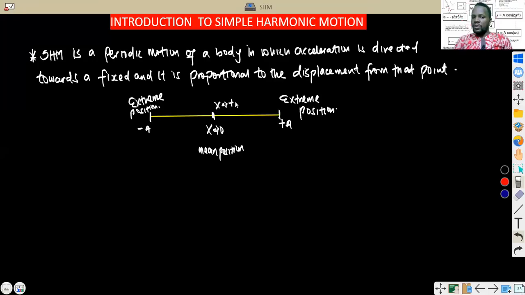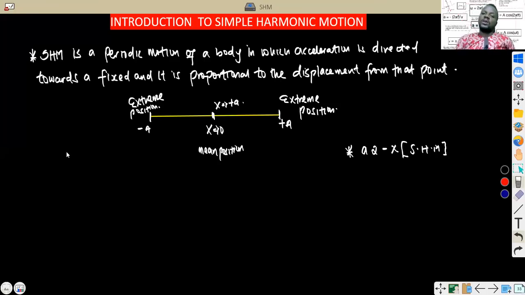What we call simple harmonic motion is when the acceleration a is proportional to the displacement. Displacement can be negative or positive, because if it is moving towards this side, it is positive, and if it is moving towards this side, it is negative. So if the acceleration of that body is proportional to the displacement, I will write as negative x for now, in such a condition we say that body is exhibiting SHM.